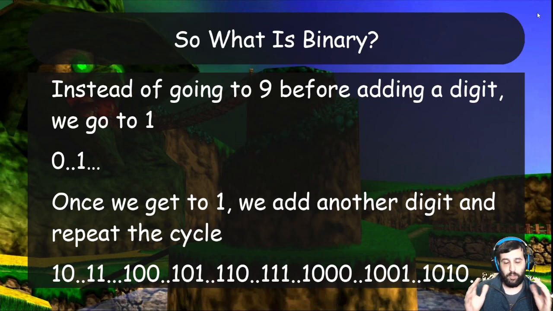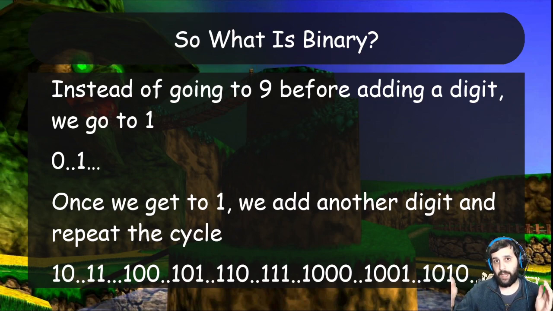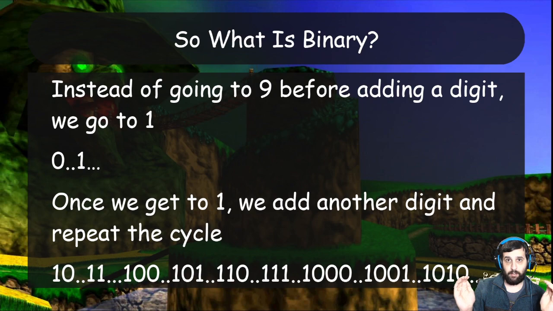For normal counting, we go from 0 to 1, 2, 3, 4, 5, 6, 7, 8, 9, and then we repeat with 10, right? Imagine instead of going through all those 10 numbers, you just had 2 numbers: 0 and 1. What happens after 1? Well, then you add a digit to the next place, like the tens place in this case.